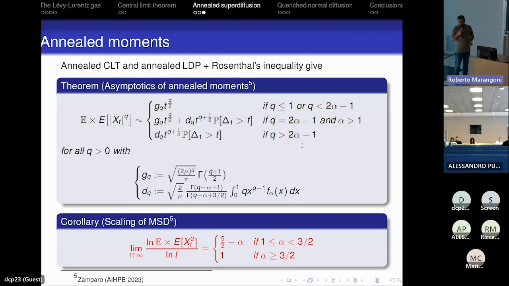If you set q equal to 2, you find the scaling exponent of the mean square displacement, which for α smaller than 3/2 is a superdiffusive scaling exponent, so an exponent larger than 1.